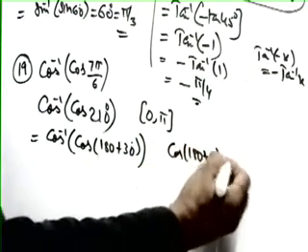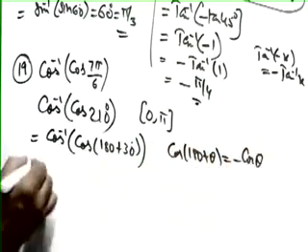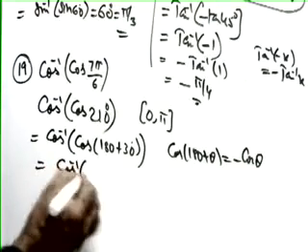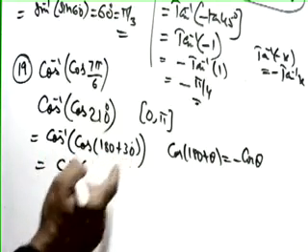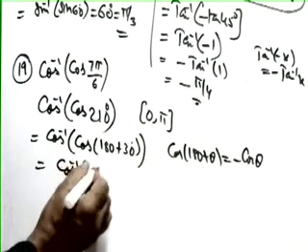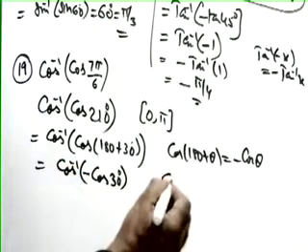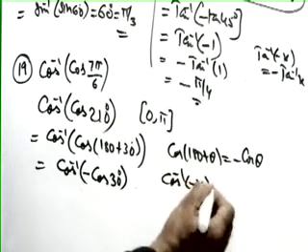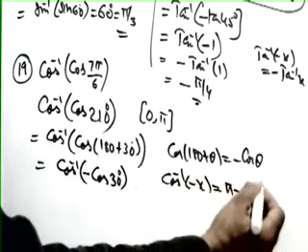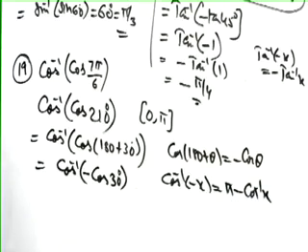Now there is a formula here: cos (180 plus theta) is nothing but minus cos theta. So cos inverse of cos (180 plus theta) is cos inverse of minus cos theta, so minus cos 30 degrees. Now in the previous class we have seen what cos inverse of minus x is: pi minus cos inverse x.